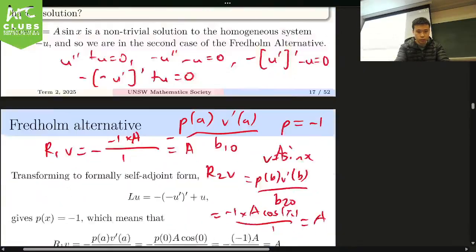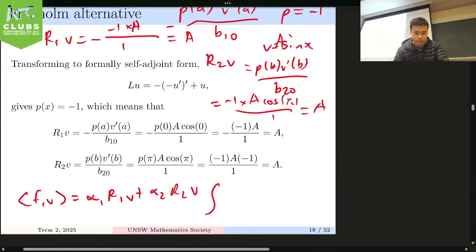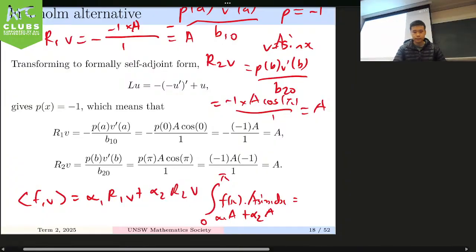Our boundaries are just from 0 to pi of f of x, and v was, again, a solution to the homogeneous problem, so A sine x. That's equal to alpha 1 R1v, so that's just A, plus alpha 2 A.